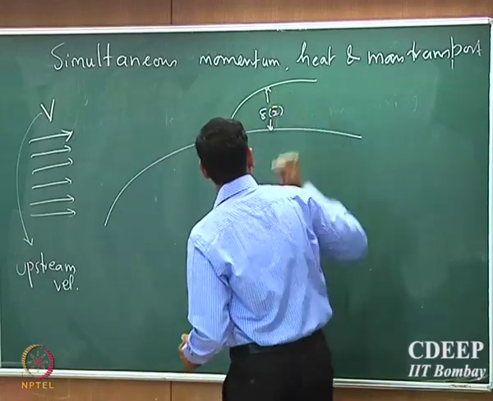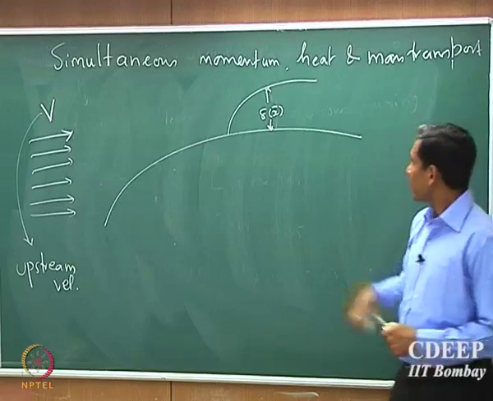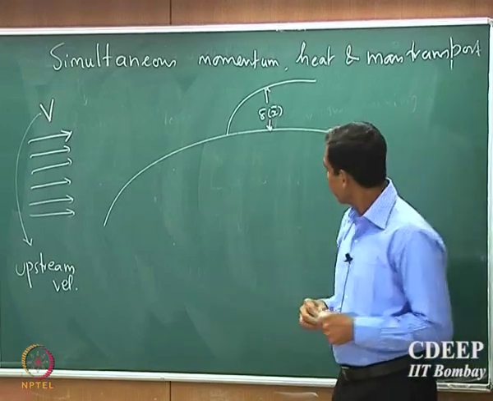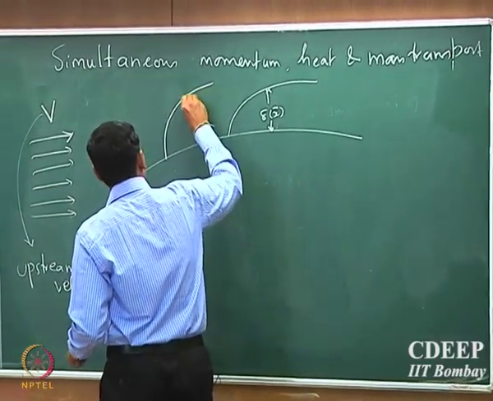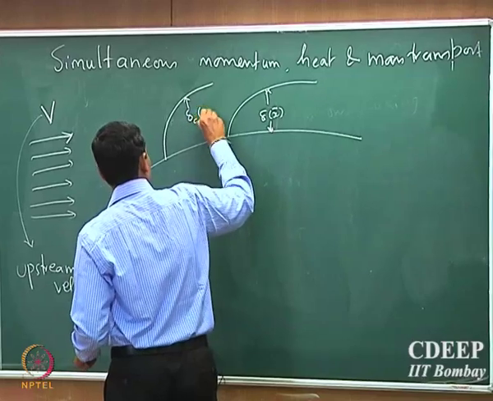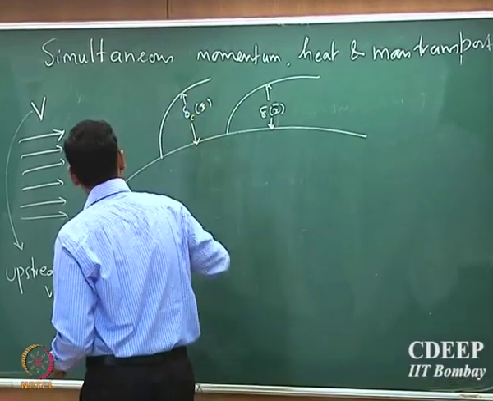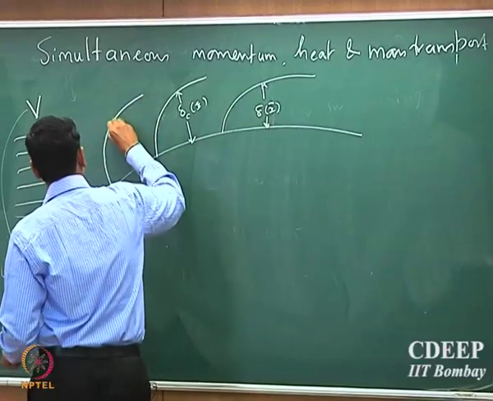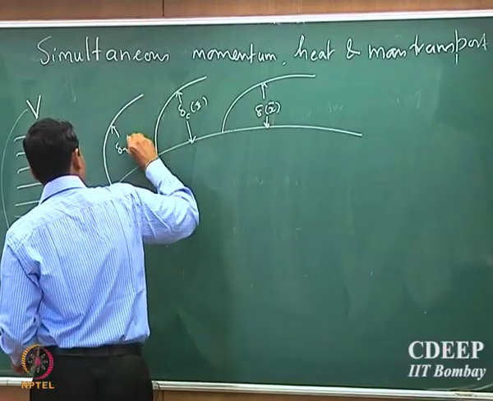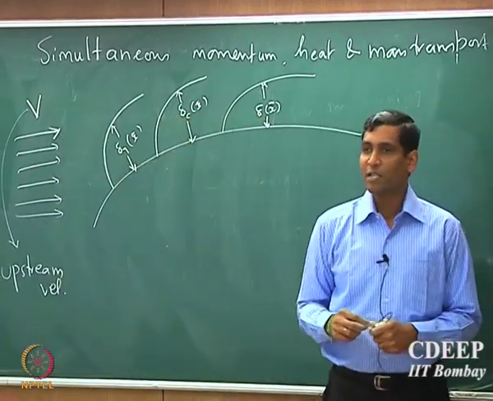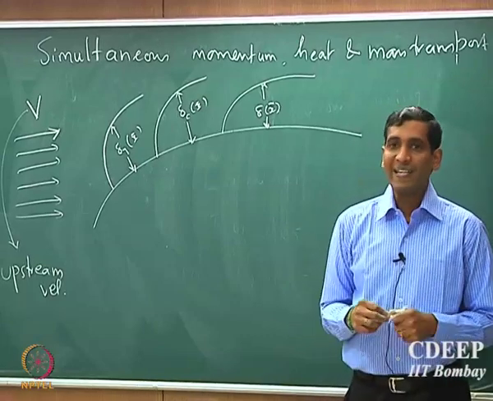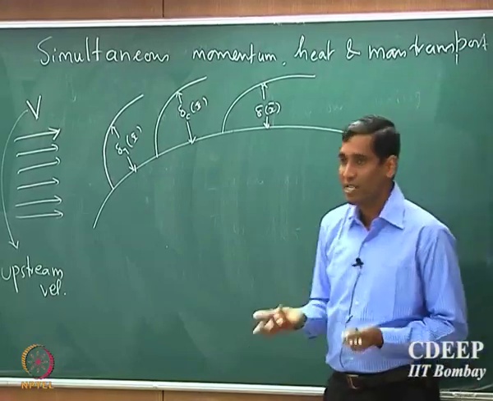It could be in all three dimensions, so I put an x bar for vectorial representation, and one could have a concentration boundary layer, and one could have a thermal boundary layer. So all three will exist simultaneously when there is a fluid which is flowing past an object, and there is heat and mass transport which is occurring simultaneously.